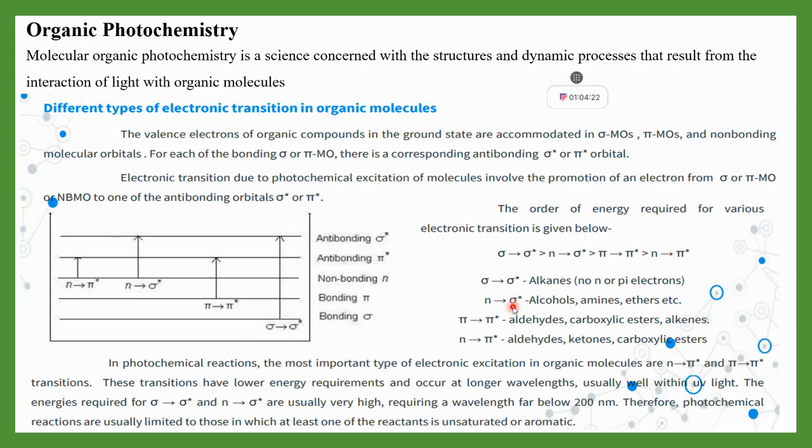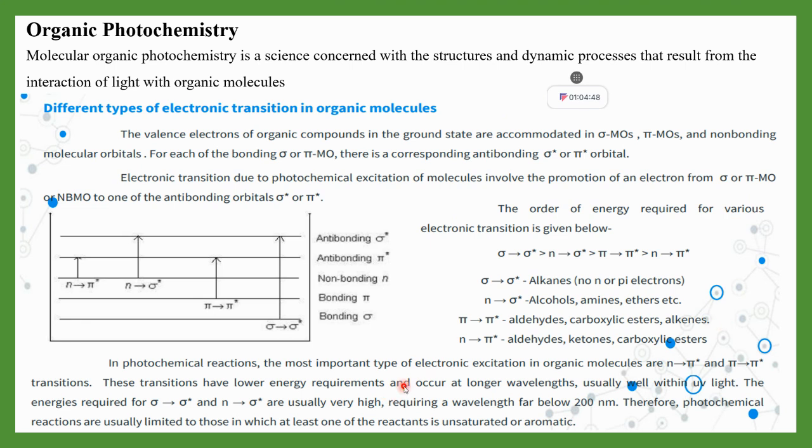Why can't other transitions take place in alcohols, amines, ethers? Because in these type of systems, no pi bond is there. If pi bond is there, then only pi star can come. Yes or no? Okay. In aldehydes, carboxylic esters, alkenes, pi to pi star. Why? Because pi bond is there in aldehydes and alkenes.